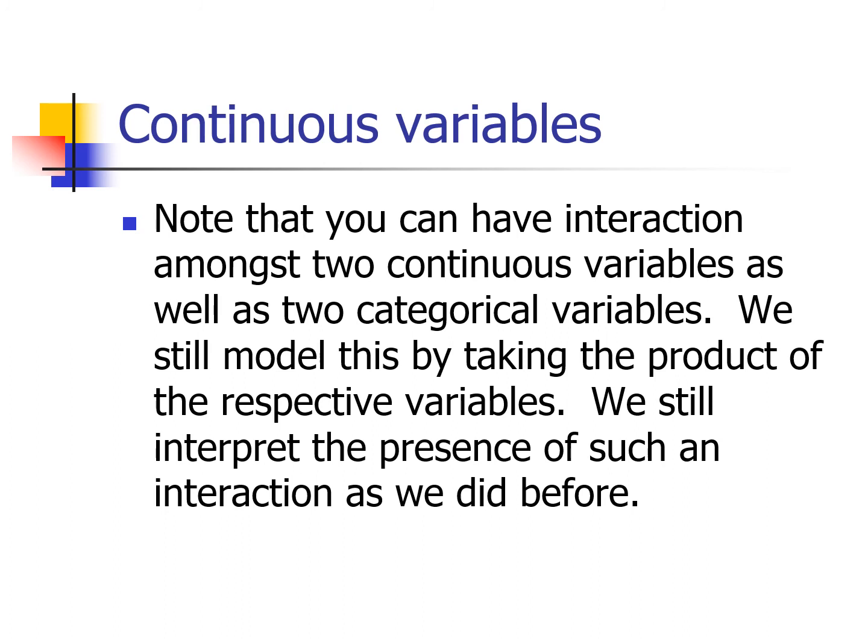However, you could still have interaction among two continuous variables, and you can still have interaction between two categorical variables. And in both of these extra cases, it's still modeled by just taking the product of the variables, and still interpreted in the same way.